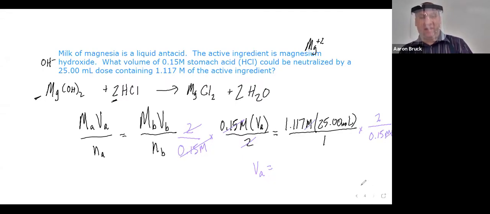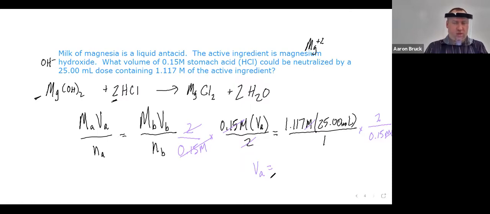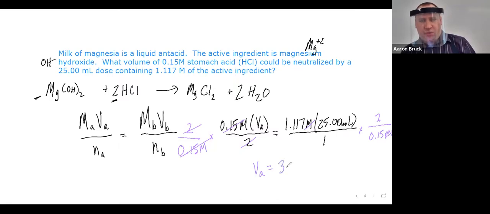And that's it. 1.117 multiplied by 25, multiplied by 2, divided by 0.15, to 2 significant figures would be 370 milliliters of acid.